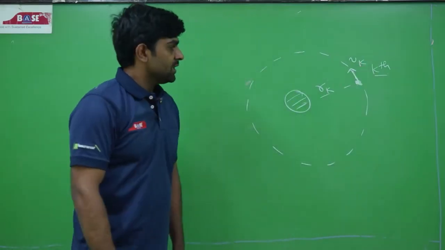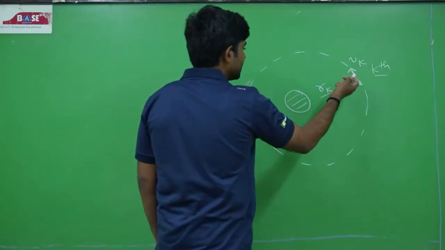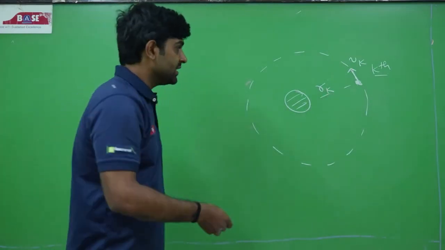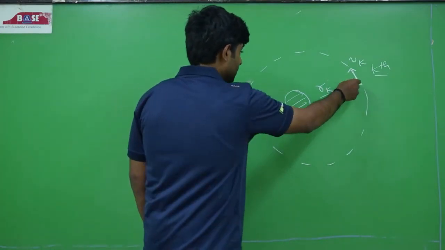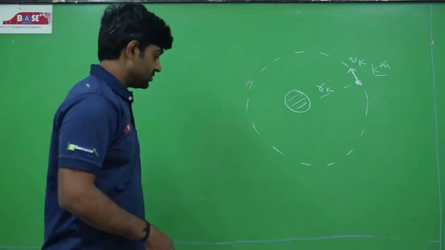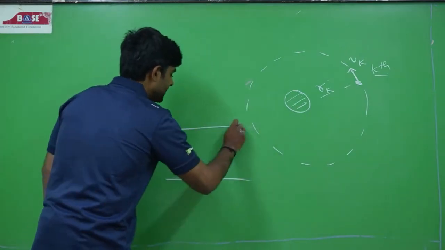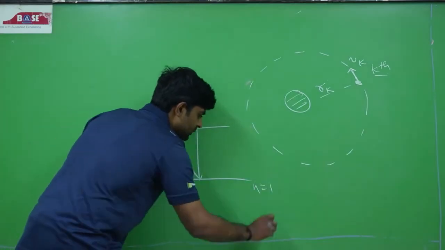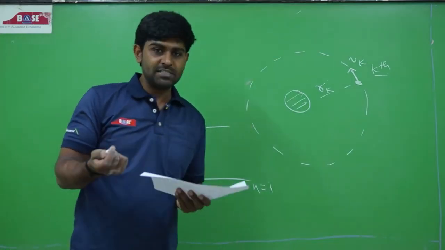Now as it is moving, it can transition from an excited state to the ground state. They are saying it is undergoing a Lyman transition. You know that if the transition happens to n equals 1 from any given energy level, then it belongs to the Lyman series, correct?